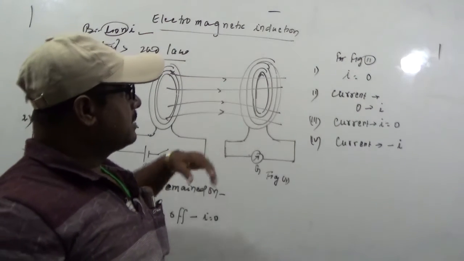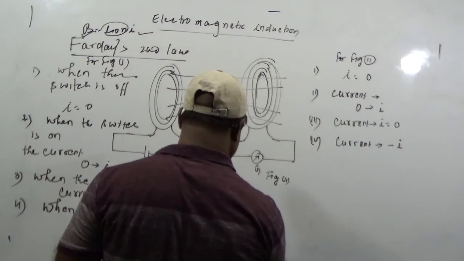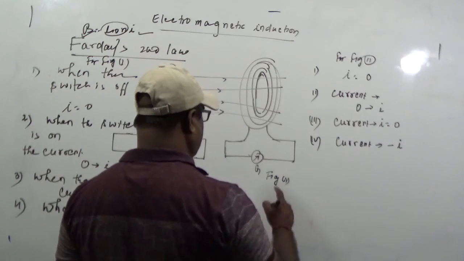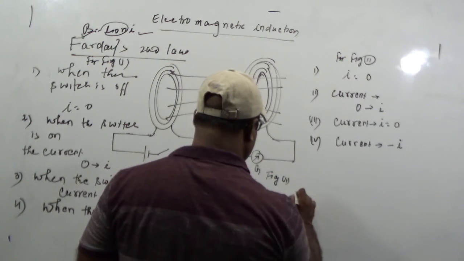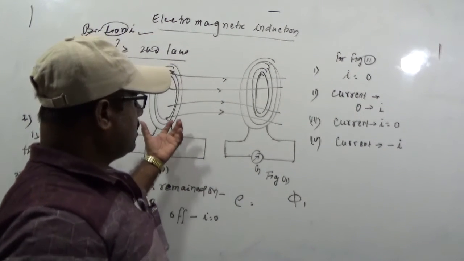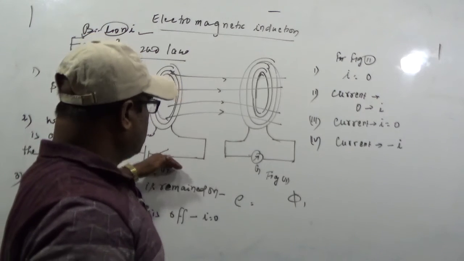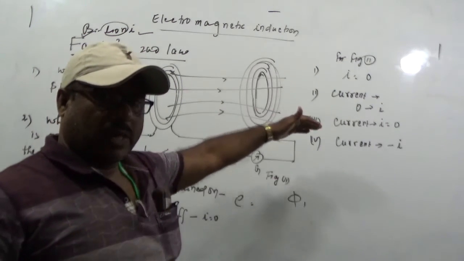Suppose it was phi 1 initially. When the switch was off, there was no flux.